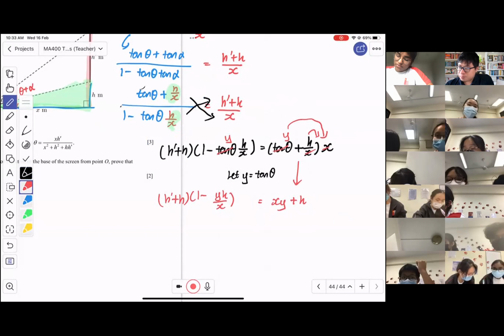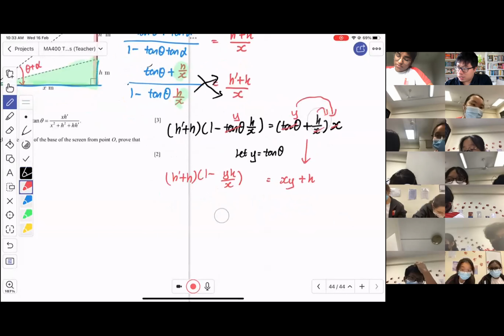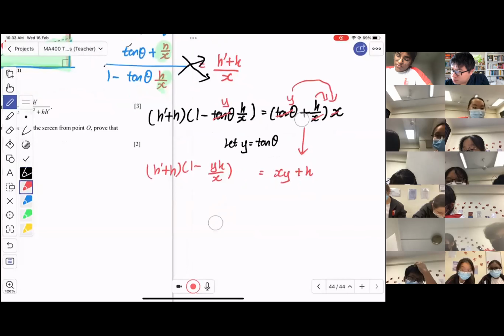After you simplify, this will be h prime plus h minus h y of h prime over x plus y h squared over x equals xy plus h.